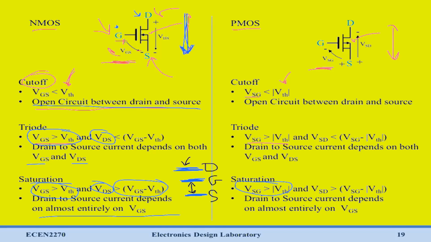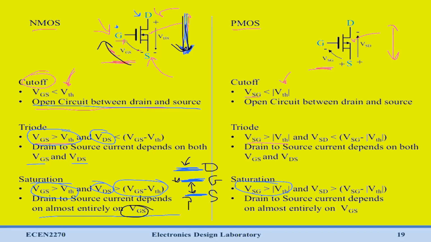So our drain is higher than our gate, and our gate is higher than our source. So this works, and this lets us operate in saturation, which looks like a closed switch. It means that the current through is only really dependent on VGS. Apply enough VGS and you close the switch and it operates.